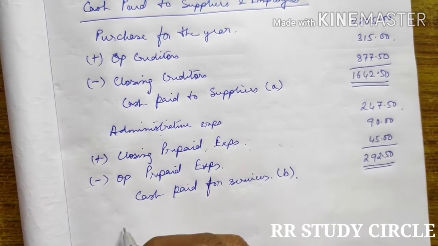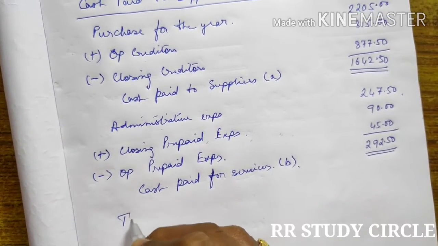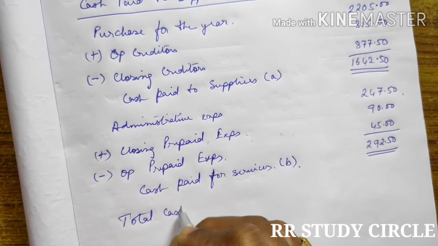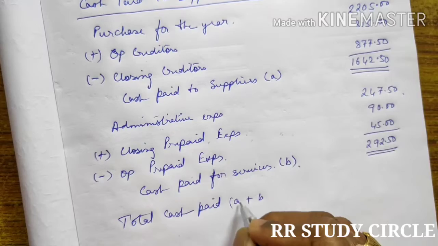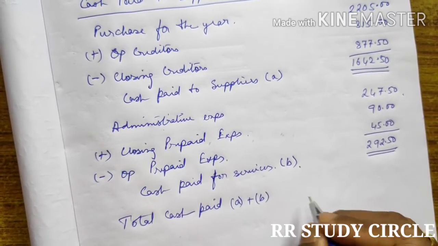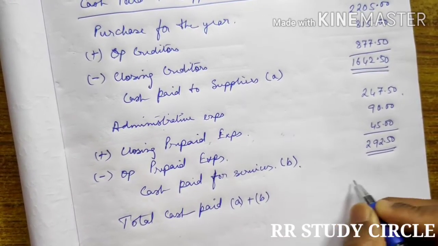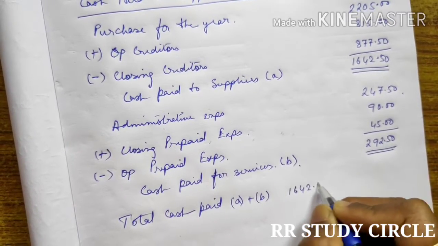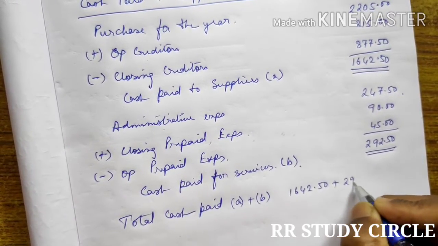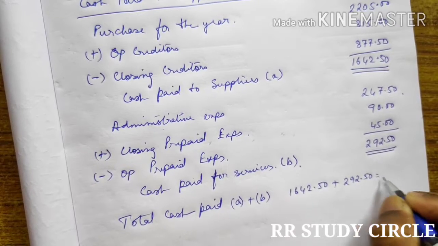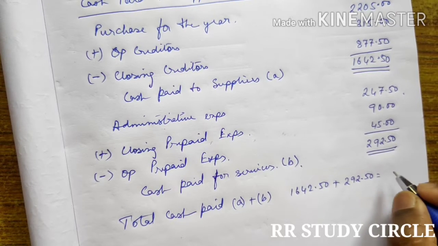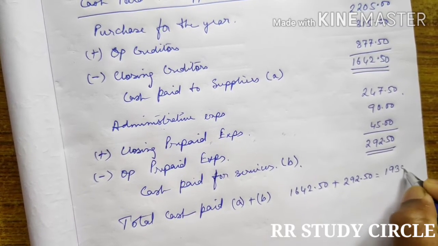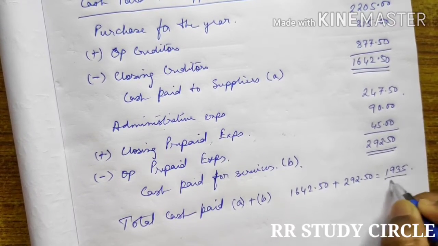Clear? So now the total cash paid, how can you calculate? A plus B, that is 1642.50 plus 292.50. It comes to rupees 1935. Is it clear?